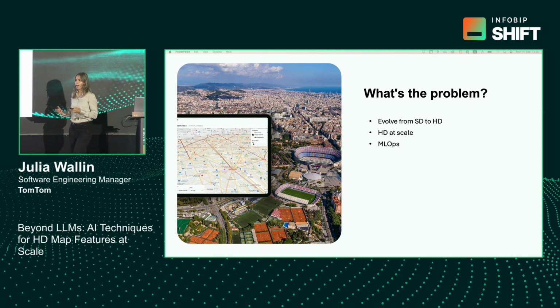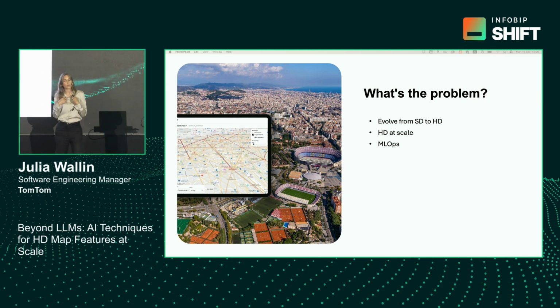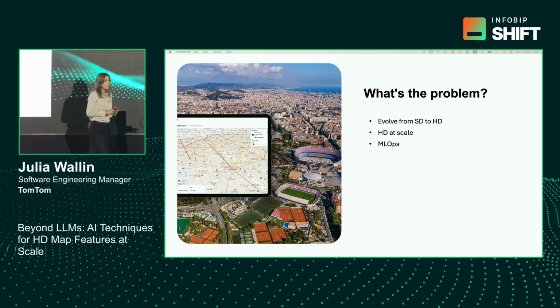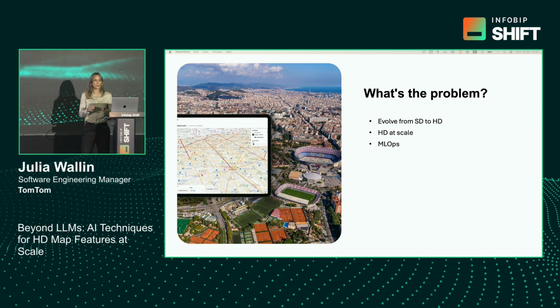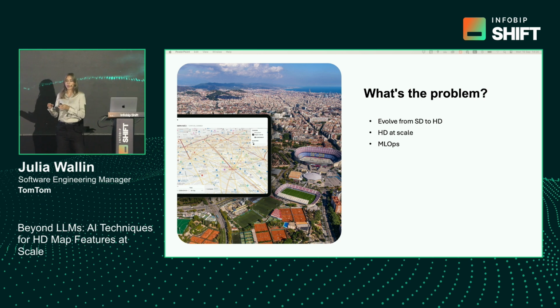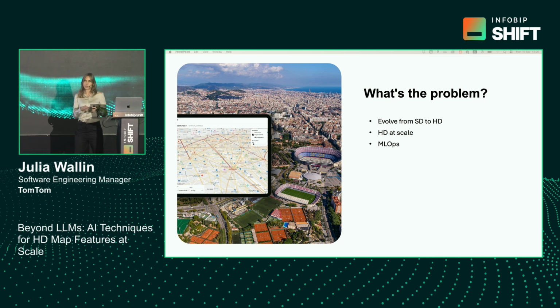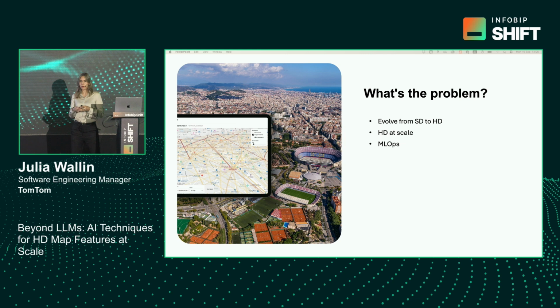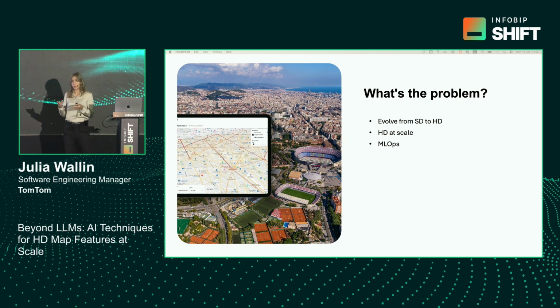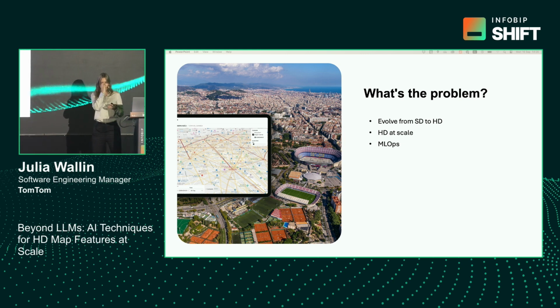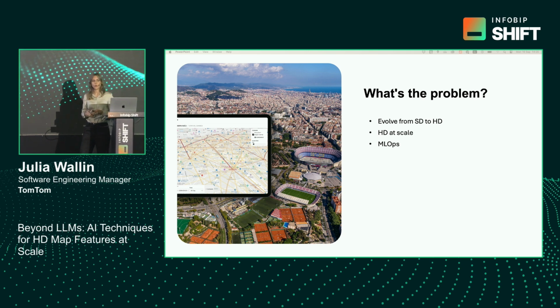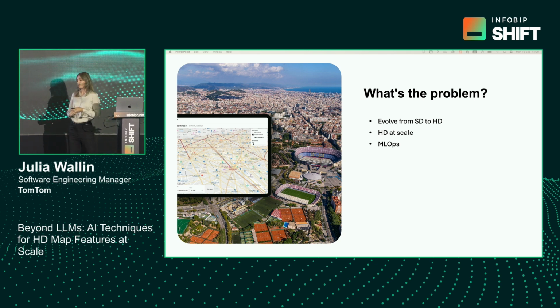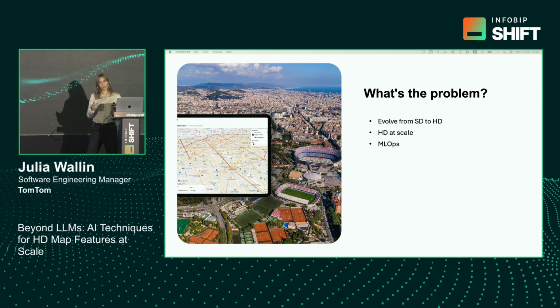So what's the problem, or what's my problem? For my team, we needed to move from the automatic creation of SD features, as in standard definition map features, which is what we were already doing, to creating HD map features in order to contribute to an HD map solving ADAS use cases.